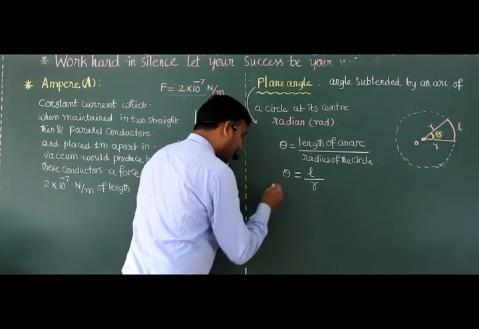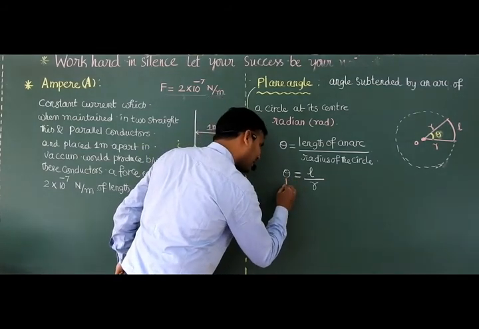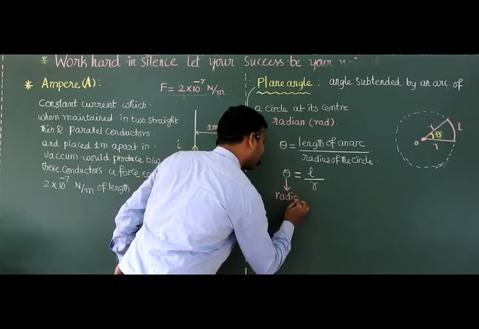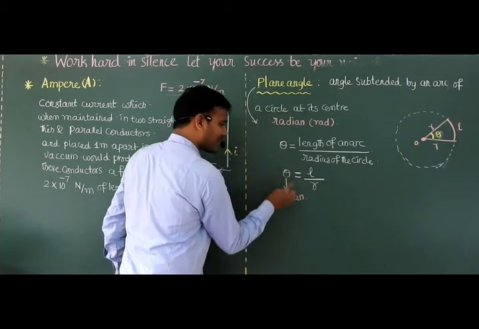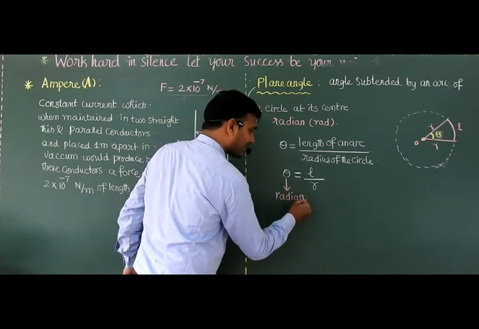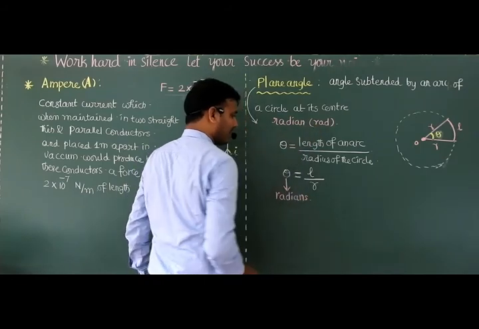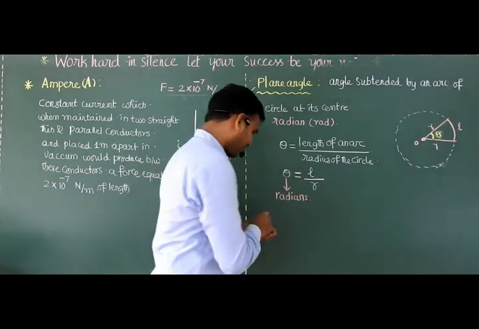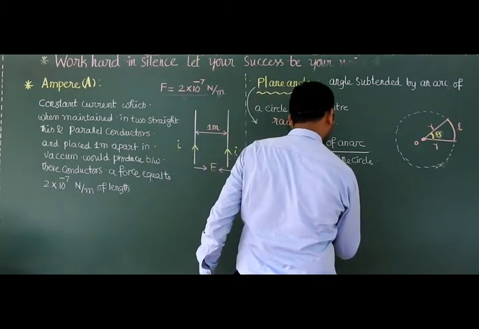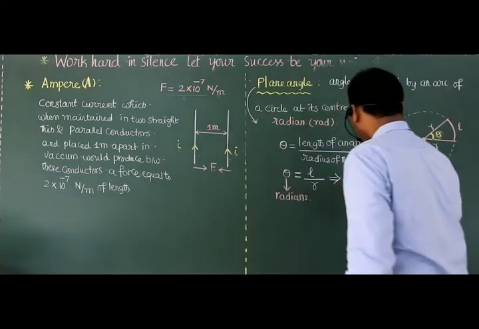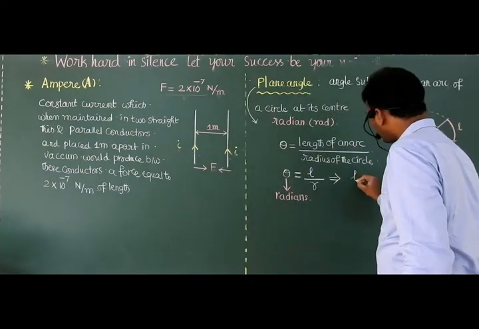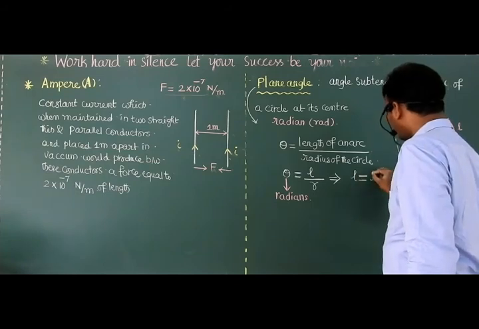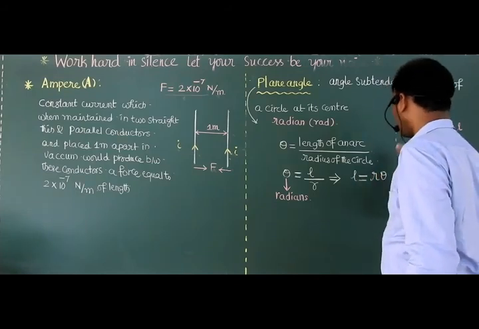This theta must be in radians only. Remember, here we are measuring theta in radians. So theta is equal to L by R. From this, we can write L, the length of an arc, is equal to radius into theta.